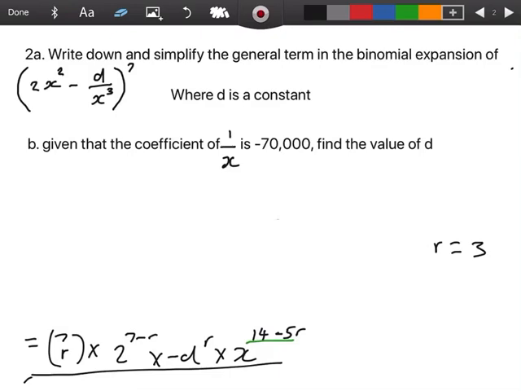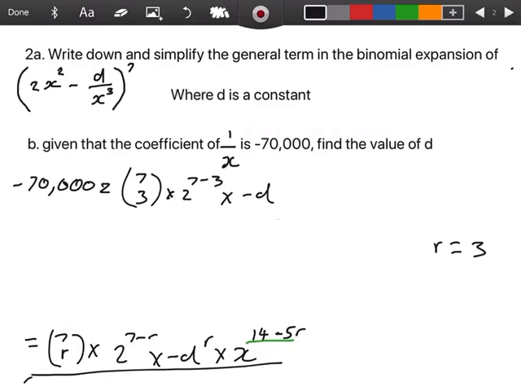So, now we know what r is, we can just replace it in the general term. So that gives negative 70,000 equals 7C3 times 2 to the 7 minus 3 times negative d to the power of 3 times x to the power of negative 1.